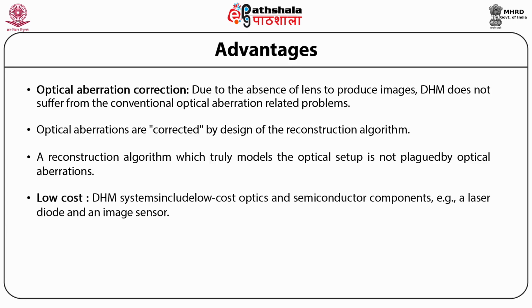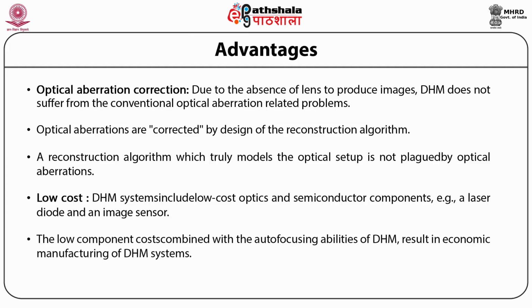Low cost is another advantage of holography. A DHM system includes low-cost optics and semiconductor components, for example a laser diode and an image sensor. The low component cost combined with the autofocusing abilities of DHM results in economic manufacturing of DHM systems.